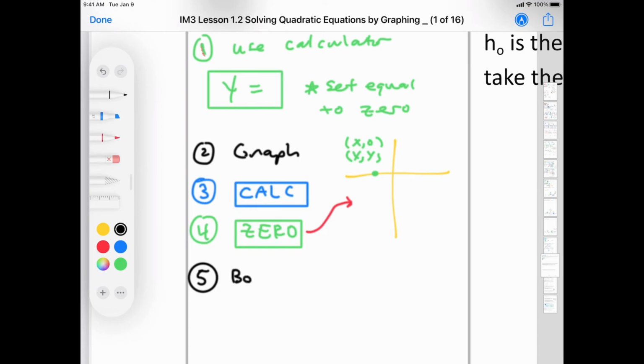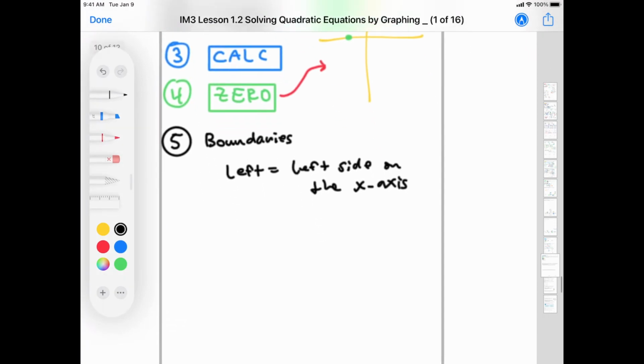Boundaries. So when it says left boundary, that just means on the left side on the x-axis. Okay?